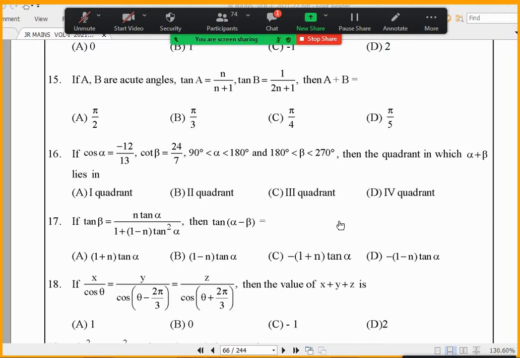You can simplify tan A plus B. Tan A is n by n plus 1. Tan B is 1 by 2n plus 1.